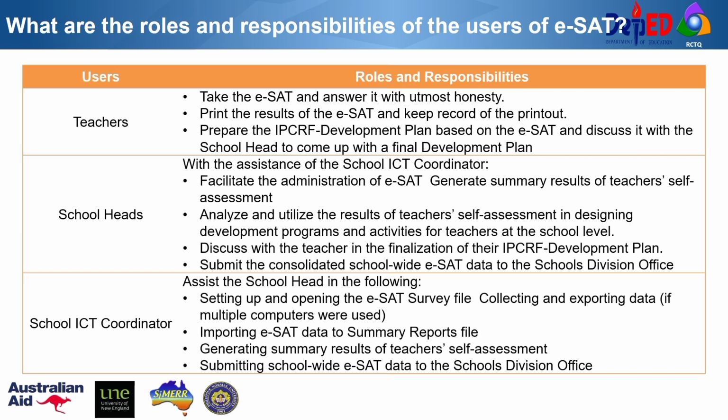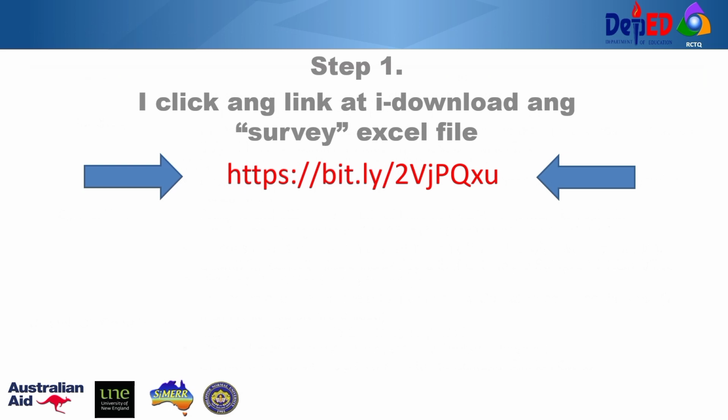For familiarizing ourselves with the interface of the eSAT, let us now proceed to the following steps. So first, click the link at i-download ang survey Excel file. O ang link na iyan sa inyong mga browser, then make sure na ang gamit nyo ay ang inyong DepEd email.